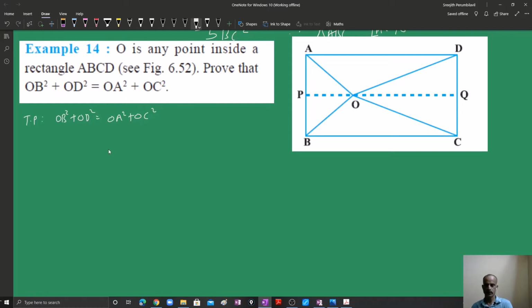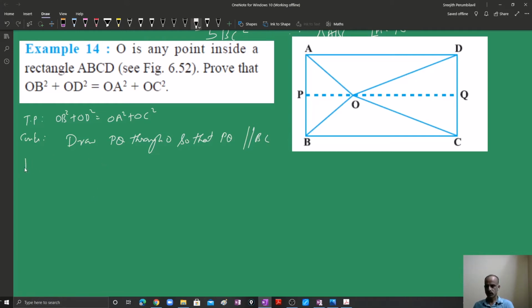This is what is to be proved. Okay, so there is only one construction. Draw PQ through O so that PQ is parallel to BC. So parallel to BC. Fine.